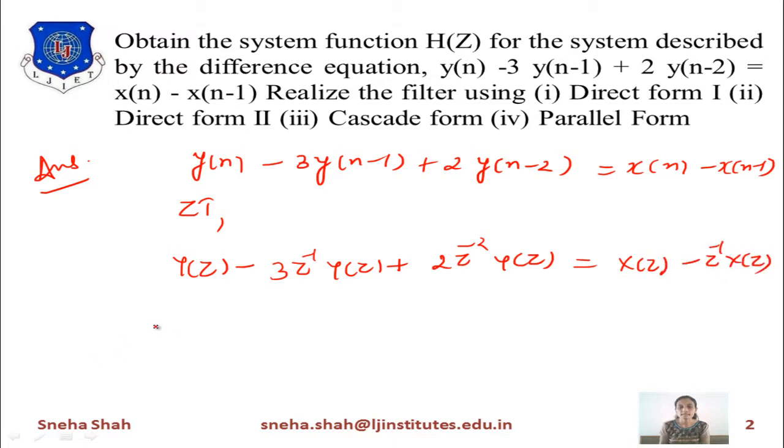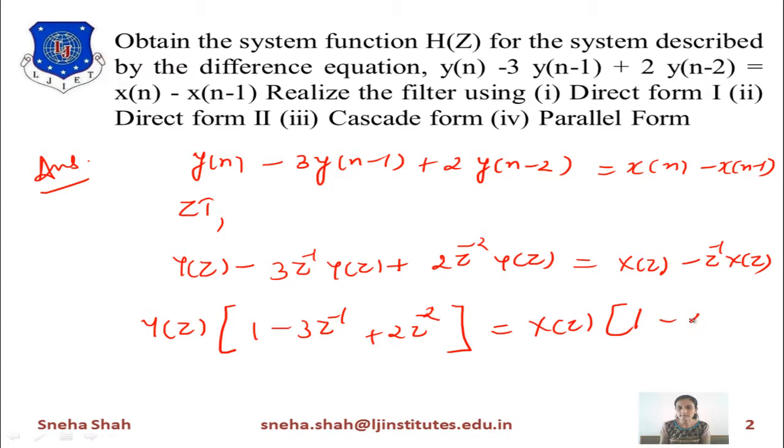The next step is to take the common part. Taking Y(z) common gives 1 minus 3z inverse plus 2z raised to minus 2, multiplied by Y(z), equals X(z) into 1 minus z inverse.